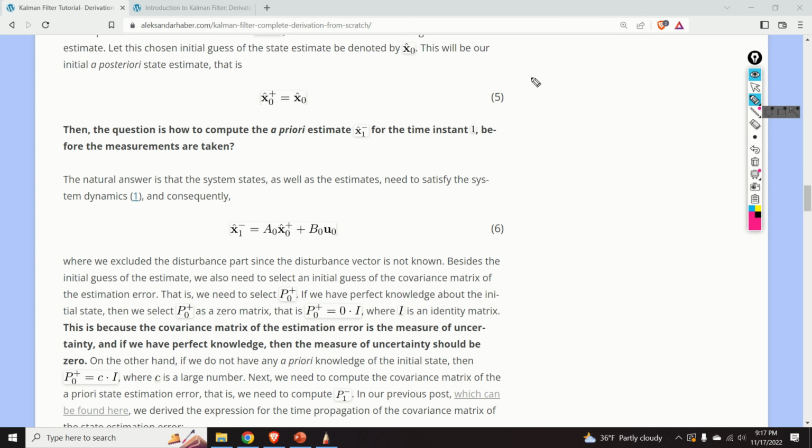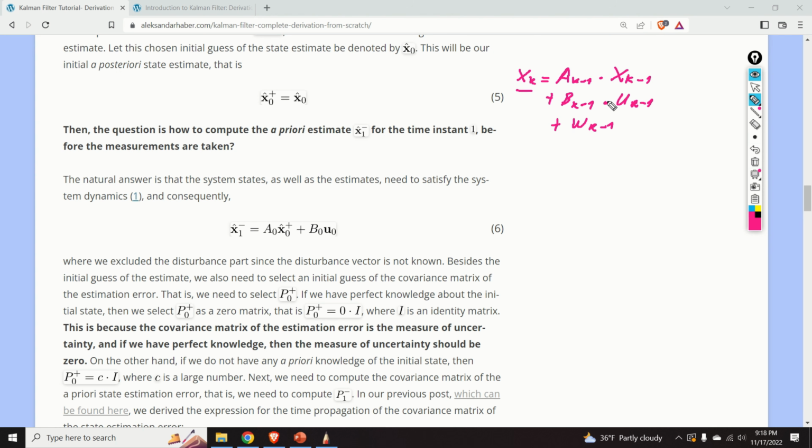The states need to satisfy the system model, that is, the system dynamics. So we have that xk is equal to Ak minus 1 times xk minus 1 plus Bk minus 1 times uk minus 1 plus wk minus 1.